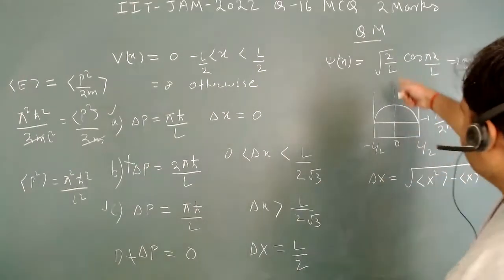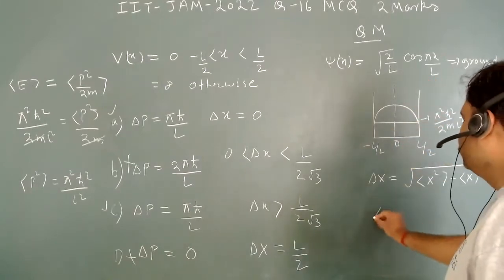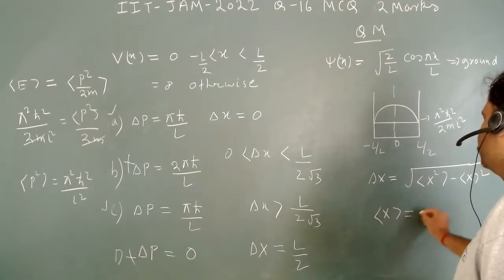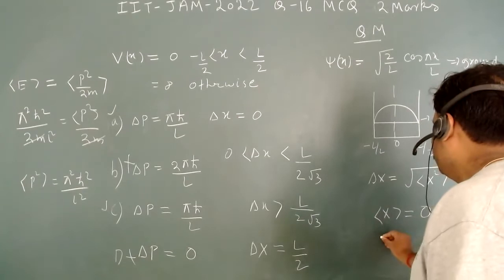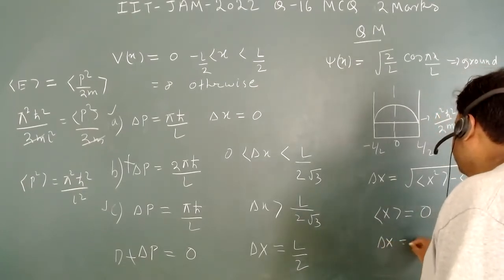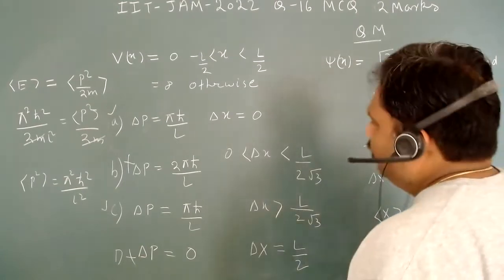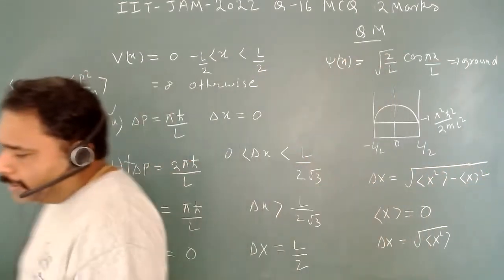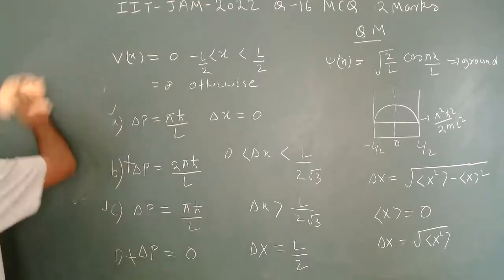We can see this is symmetric about x equal to 0 for the ground state, so we can easily write expectation value of x is equal to 0. Now delta x is nothing but the root of expectation value of x square.